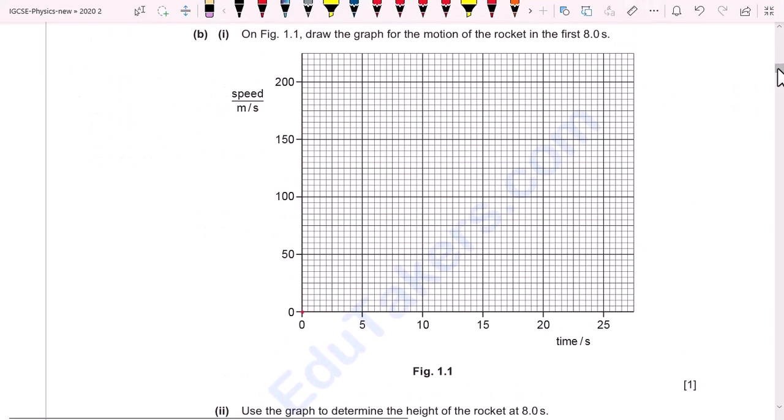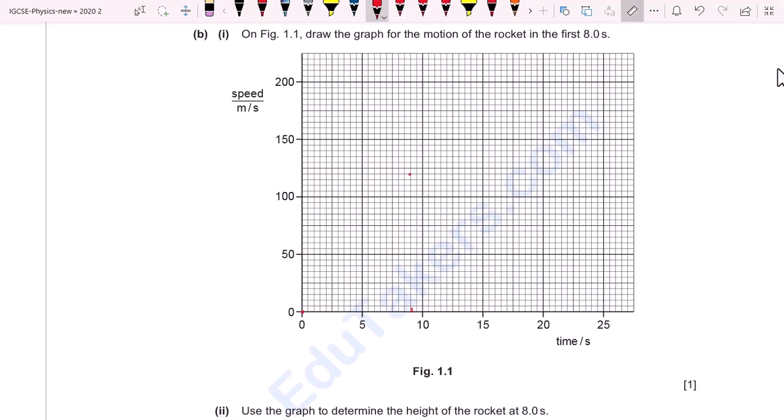First of all, I label the points on the graph. The initial velocity is 0 at time t equal to 0, and second, the velocity is 120 at 8 seconds. So I take a point here and I have to join this point with this point.